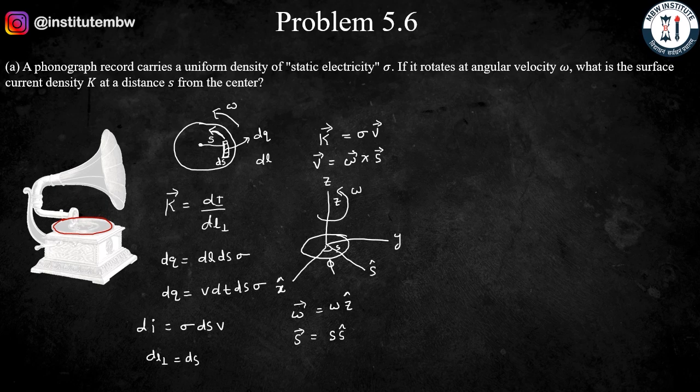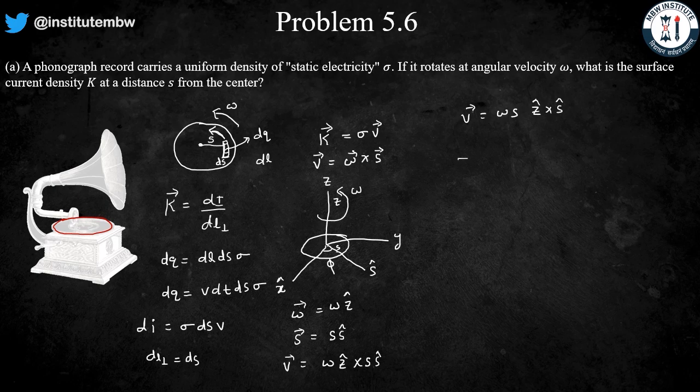So when we find v vector, it is equal to omega vector, that is omega z cap cross s cap. So v vector is equal to omega s z cap cross s cap. Now we have to find z cap cross s cap. In cylindrical coordinate system, we can relate it with a Cartesian coordinate system by remembering this matrix.